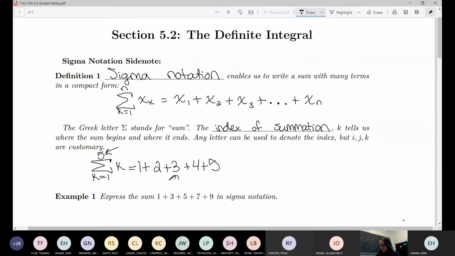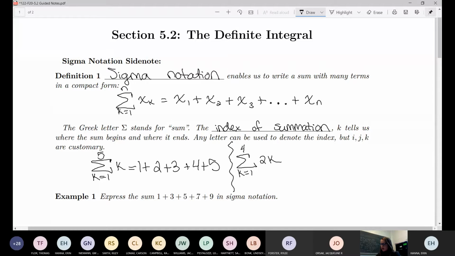So let me write one out and try to go the other way. If I had something like, let's do 2k, where k equals 1 to 4. Let's not go too far because I'm going to run out of space.